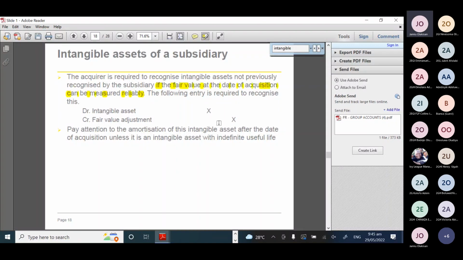I was trying to highlight everything, but the thing refused. So you've seen those areas I was trying to highlight: if the fair value at the date of acquisition can be measured reliably. That is key.